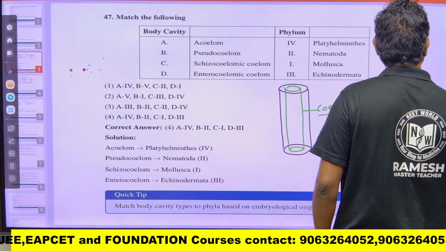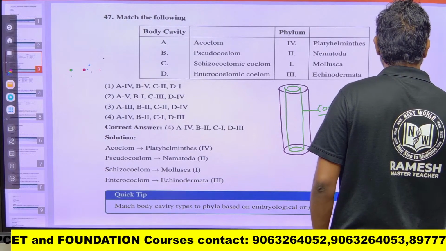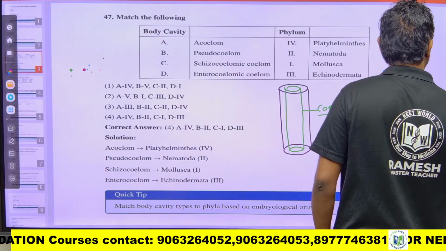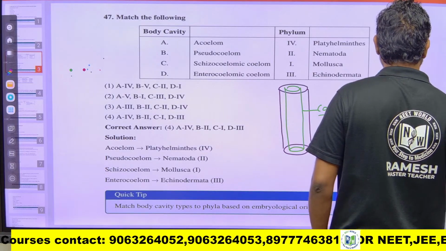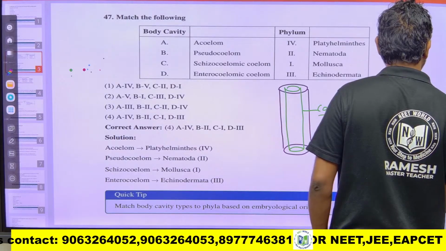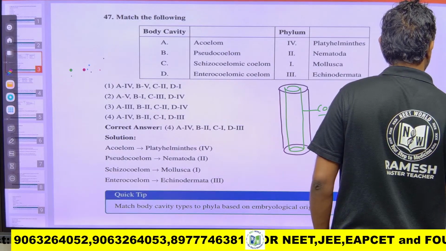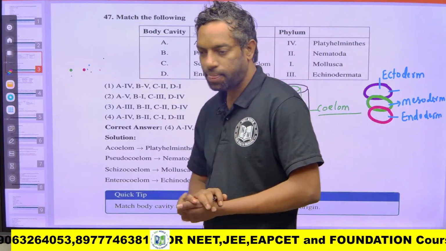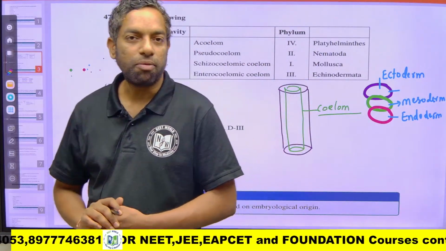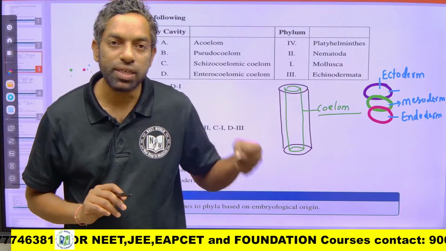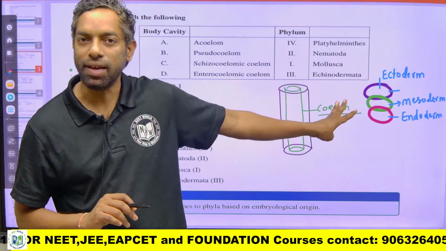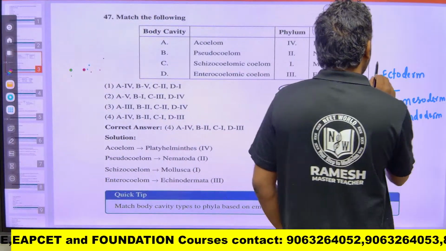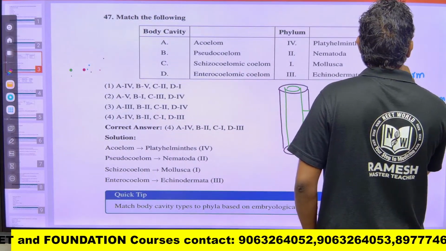Ectoderm, mesoderm, and endoderm. Any tissue in our body, any organ in our body originates from these 3 germ layers, these are the embryonic layers.